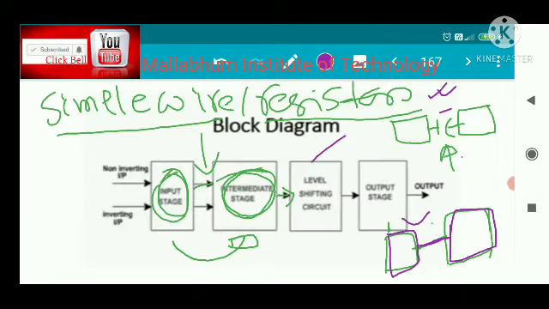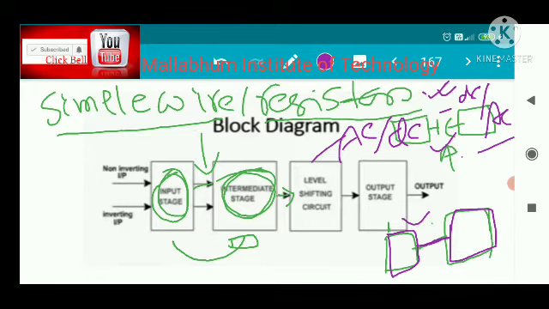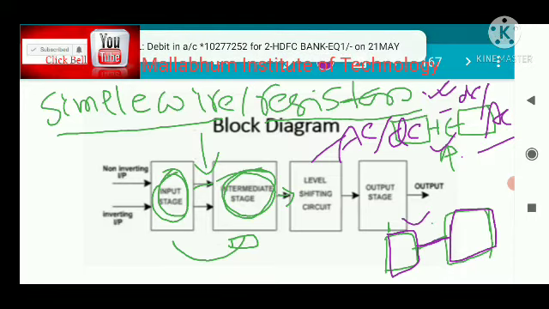Now the disadvantages of direct coupling. As we don't employ a capacitor between the two stages of the amplifier, the DC is not blocked, so the DC from the first stage as well as the AC passes to the second stage. Just understand, the DC from the first stage output is passed to the second stage.